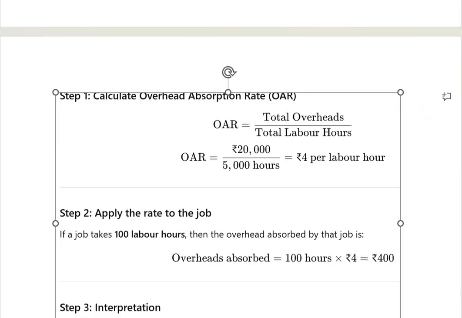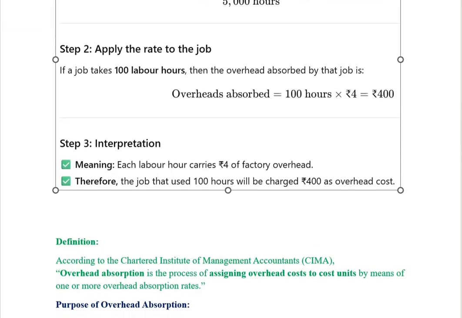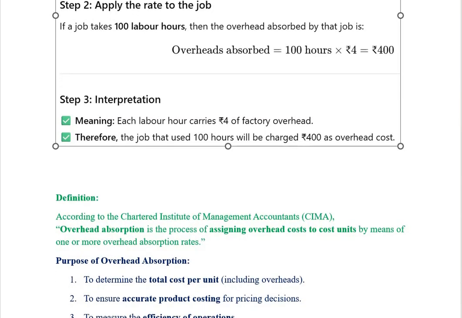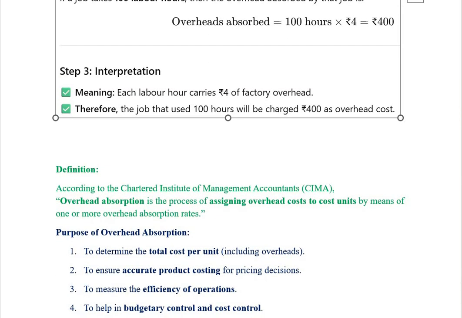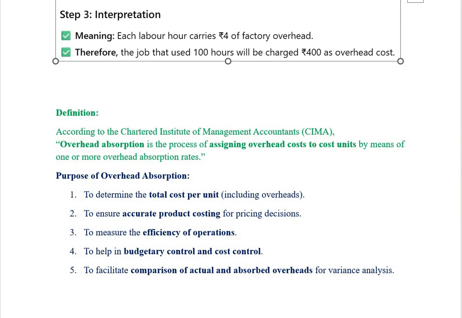Next we are going to see the definition regarding the absorption of overhead. According to the Chartered Institute of Management Accountants, overhead absorption is the process of assigning overhead cost to cost units. As I said already, the total expenses incurred are used to find the cost of one unit for a particular period.